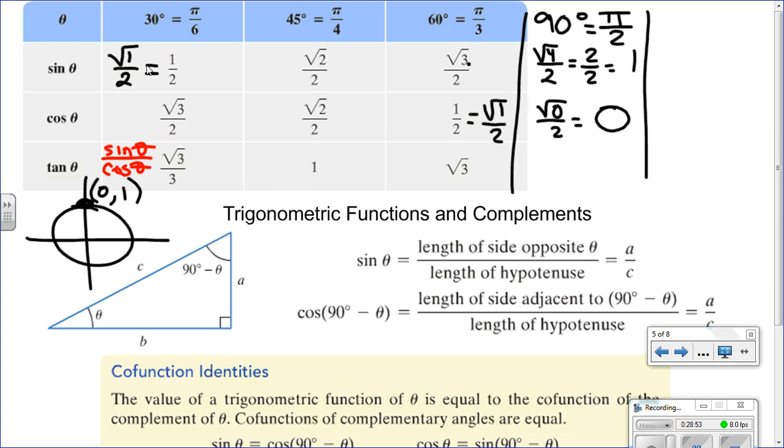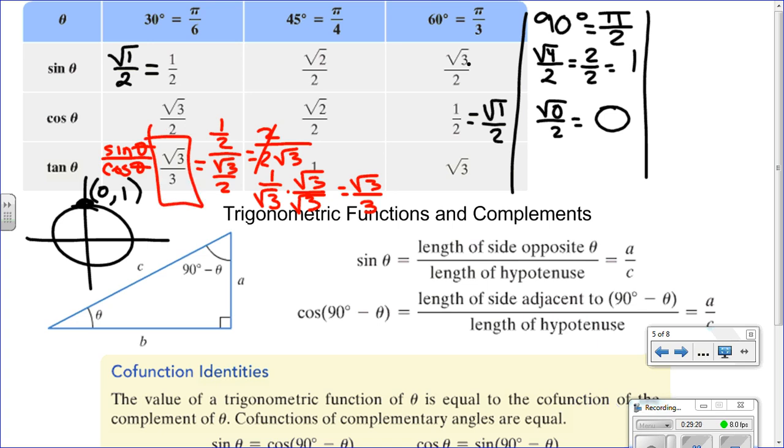Okay, so let's do this again. It was 1/2 for the sine over the cosine, which is the square root of 3 over 2. And so this will be 2 over 2 times the square root of 3. Cancel the 2's, we get 1 over the square root of 3. Rationalize the square root of 3. So this is the square root of 3 over 3. Yay, that's what we needed. Okay.